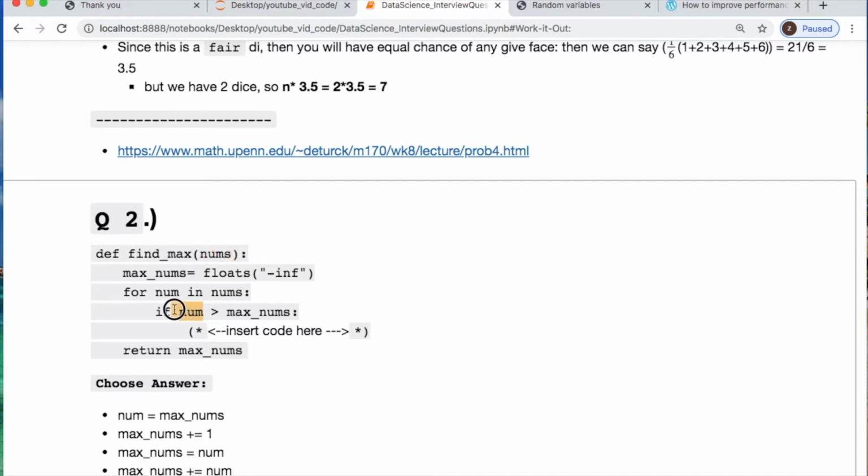If my number in my list is bigger, then I have to find what's the biggest value within that list. So either I'm going to increment through my numbers list, or I'm going to store my new number and call that my max.